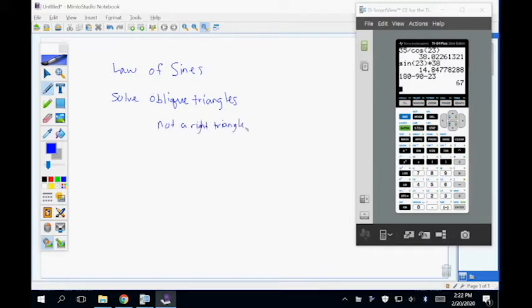If you have a triangle that is not a right triangle and you're given two angles and a side, you can solve the entire triangle, all the angles, all the sides.